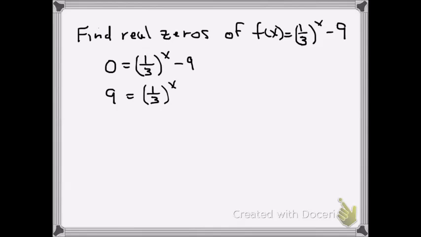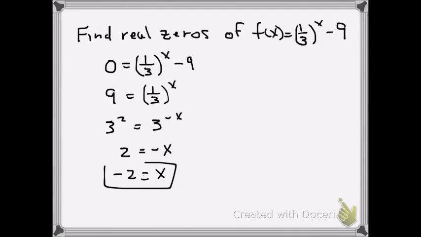So shoot for 3 squared on the left, and 3 to the minus x on the right. Set the exponents equal to each other. Multiply by negative 1. And we have our solution here. X is equal to negative 2.